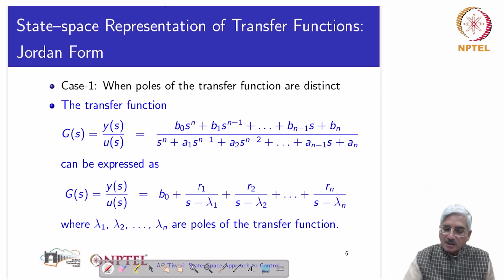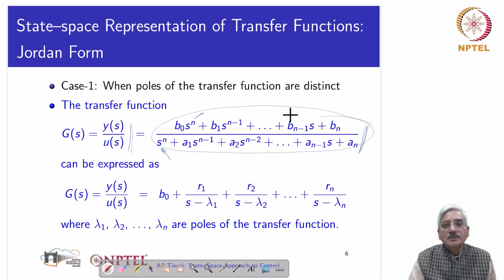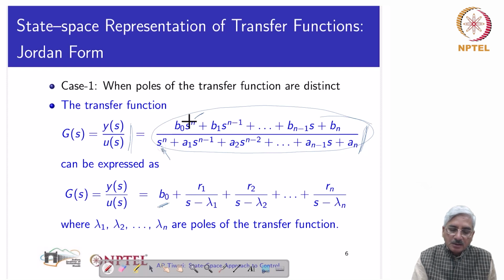So we are given the transfer function, which is like this: nth degree numerator polynomial and nth degree denominator polynomial, the ratio Y(s) by U(s). In the Jordan form representation, we break the given ratio of polynomials into partial fractions, and thereby we get a constant term b0 because the numerator and denominator are both of the same order.